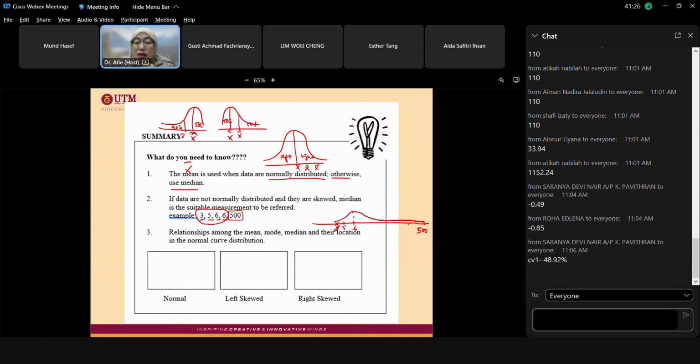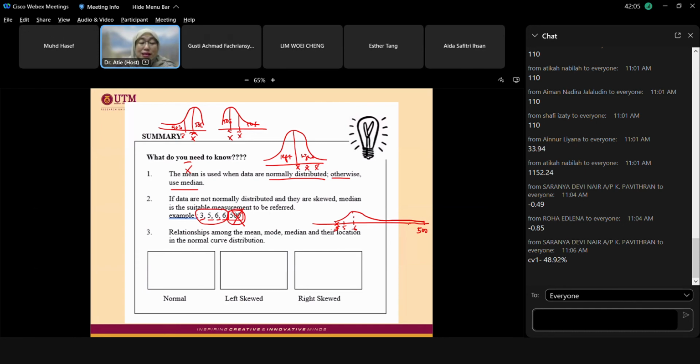Okay. So as a researcher, we need to be able to identify the situation by just looking at the data set. Also, as a researcher, we need to be smart. If we think that this 500 will affect our results, our findings later on, then we can take this one out from our data analysis because it's a stranger, it's an outlier.